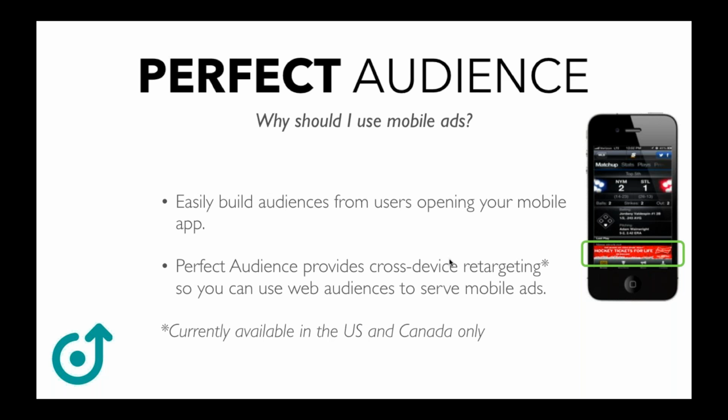Basically, the way it works is someone comes to your website using their desktop device. We can cookie them and track them like we normally would with your campaigns. But with our cross device technology, we're able to match those users to mobile devices that they use and serve them ads that way. So you can run, for example, banner ads, and certain sizes are supported for both web campaigns and mobile.